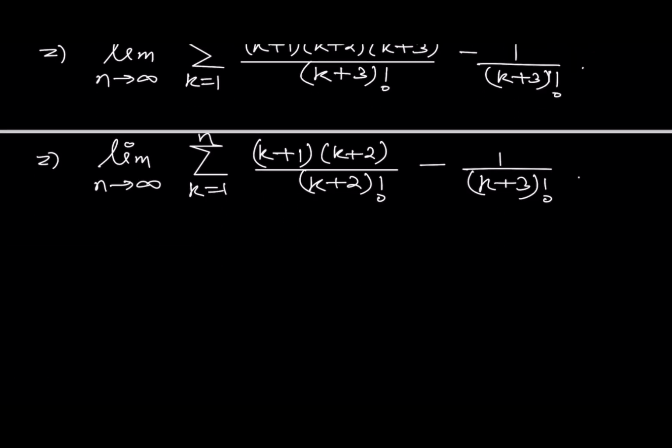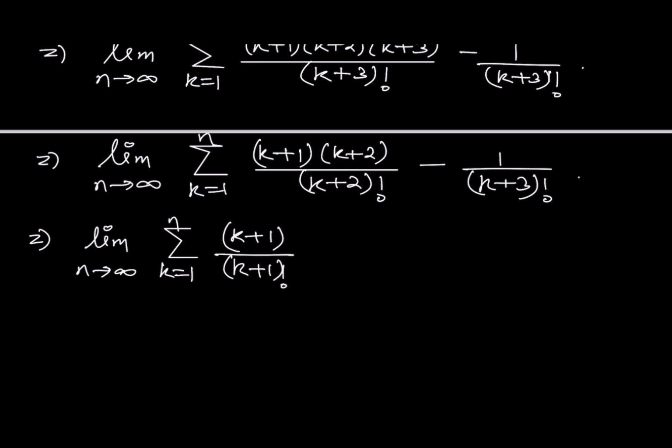Now in the next step, this will become (k plus 1) upon (k plus 1) factorial. If I write (k plus 2) factorial as (k plus 2) into (k plus 1) factorial, k plus 2 cancels out from numerator and denominator, and minus 1 upon (k plus 3) whole factorial as it is, right?